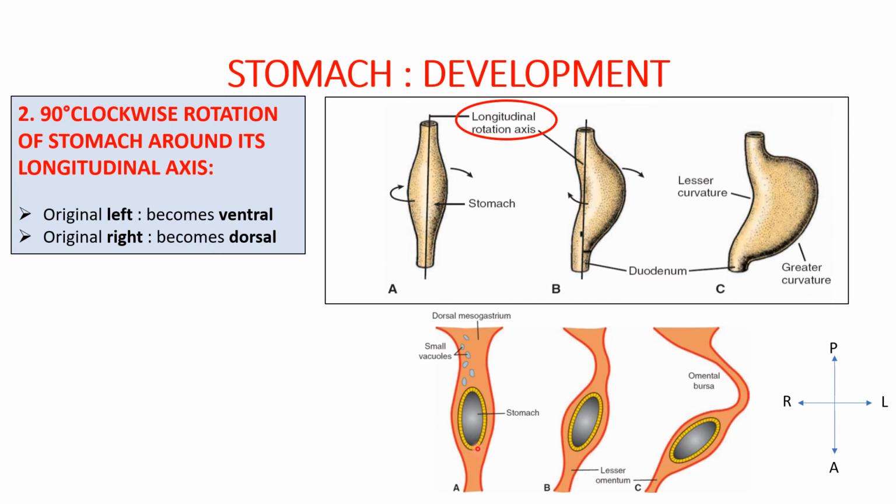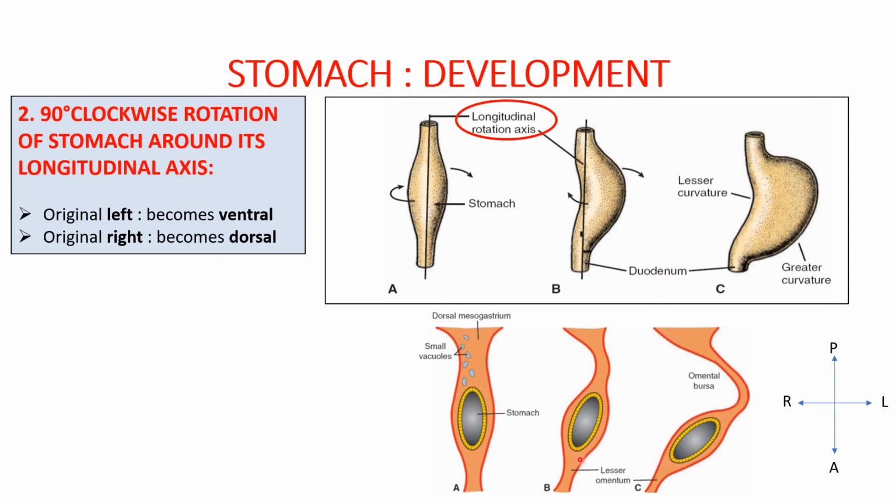When the stomach rotates 90 degrees clockwise, you can see in the subsequent pictures what has happened. This was the initial posterior dorsal surface, and this was the initial ventral surface. What happened to the initial ventral surface?